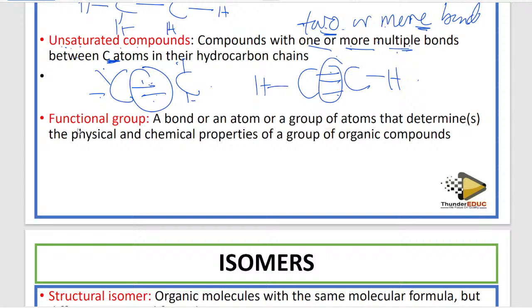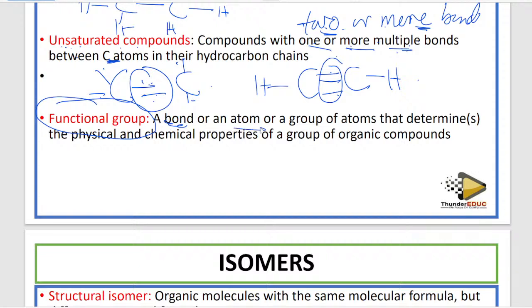Functional group. Guys, the words functional group and homologous series, you will find them together. They are going together. A functional group could be a bond, like the single bond, double bond, triple bond.